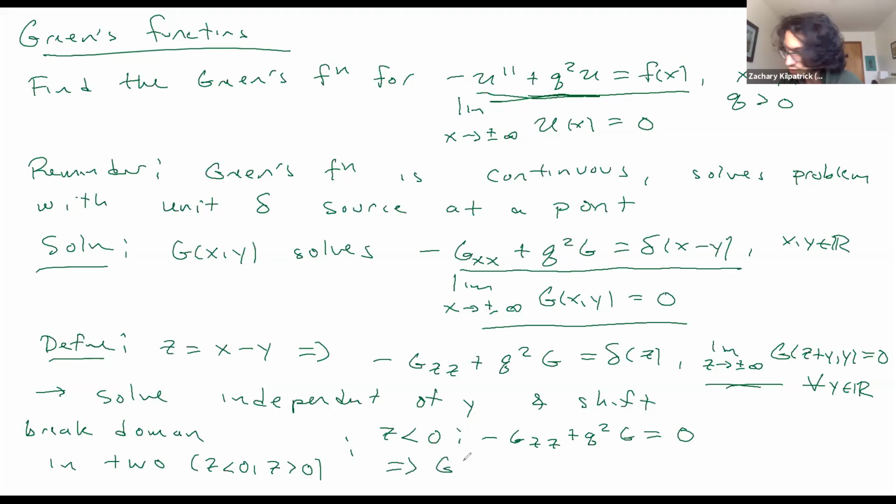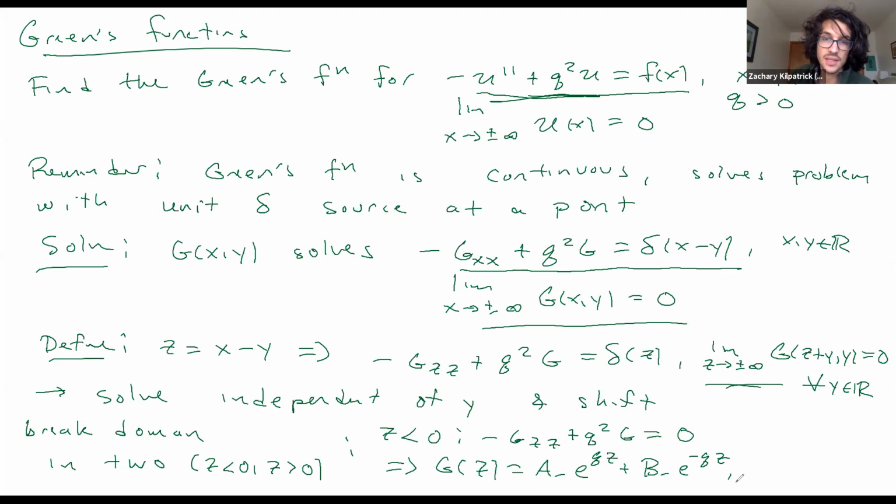Our general solution in this case is just a linear second order differential equation. It's going to have the form a minus e to the qz plus b minus e to the minus qz, okay? And we can rid ourselves of one of these pieces from the boundary condition. Which of those goes away?